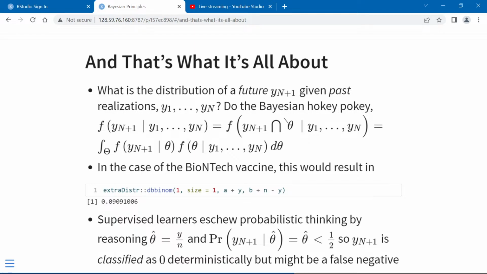So the probability of that is just theta hat. Theta hat being y over n in this case, that's much less than a half. So we're going to classify the n plus 1 person as being 0 or unvaccinated, deterministically.